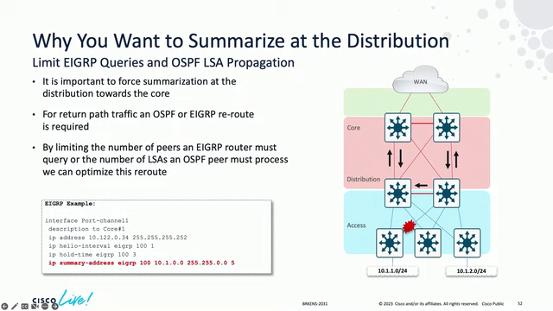I'm not going to send any further queries. You told me you know everything about it. So they just respond immediately. And the time needed for the convergence is limited to exchanging the query message just in between these devices, instead of depending on the response coming from outside. So this is something that helps to achieve convergence, again, in a way faster way compared to standard configuration where summarization is not used.